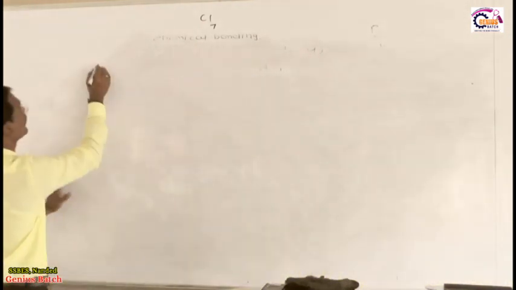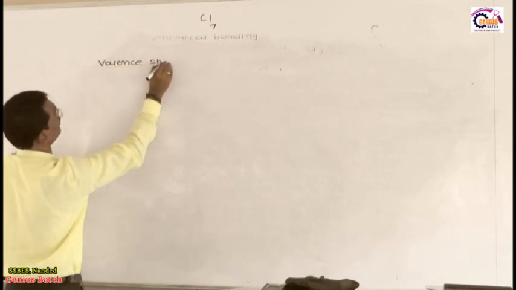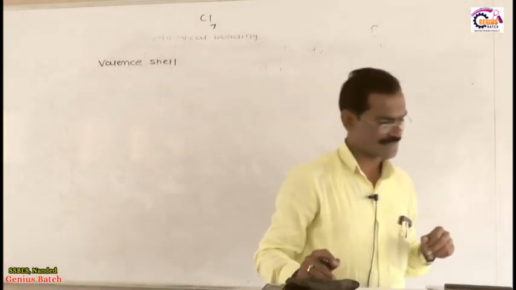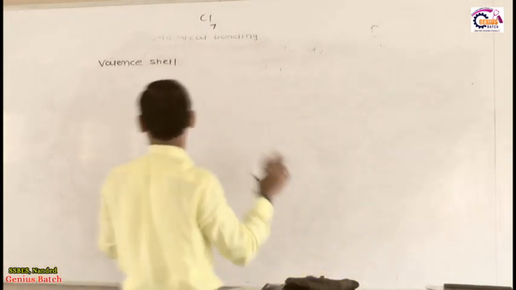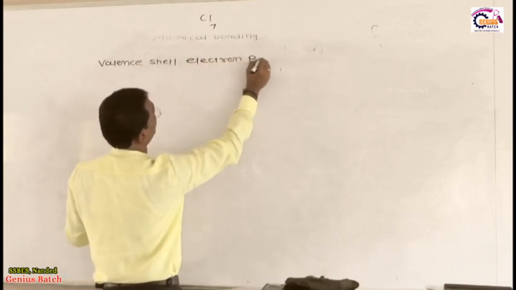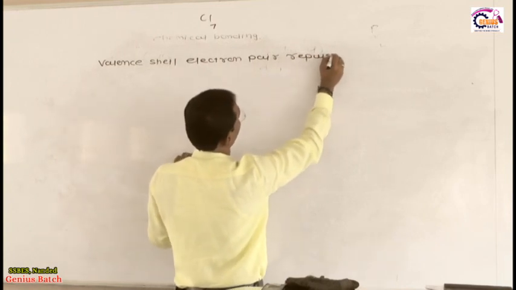Which are the important concepts related to this valence shell? This is a very interesting concept: valence shell electron pair repulsion theory.